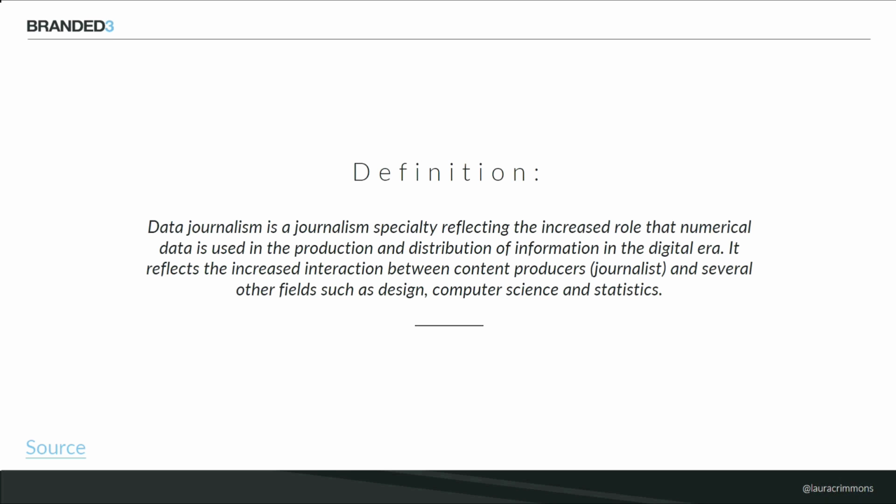Basically, it's all about how content producers, journalists, and us content marketers and PRs are using data combined with various other fields, so design, development, content writers, storytellers, combined with computer scientists and statistics to create really great stories and really great content pieces that people want to read and that people want to share and link to, which is why it's so great for us.